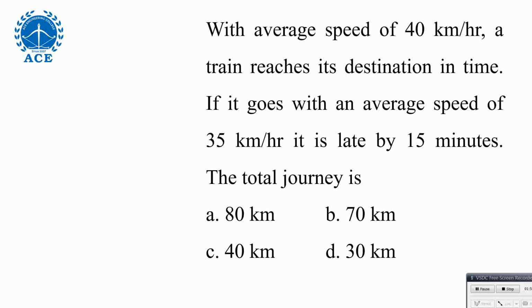The same question we discussed. With 40 kilometers per hour, the train reaches in time. With 35, it is late by 15 minutes. If you know the answer, a bit louder, please. 70. What approach did you follow? I gave 3 different methods.